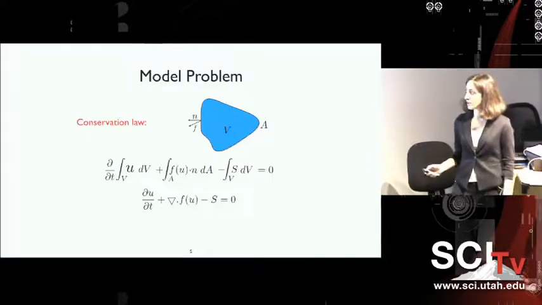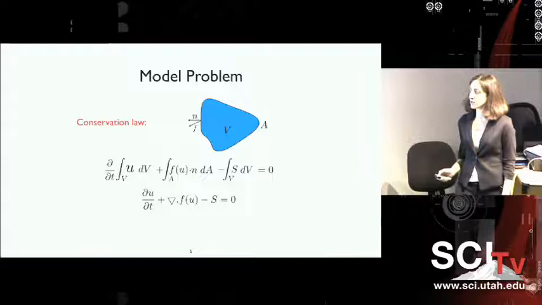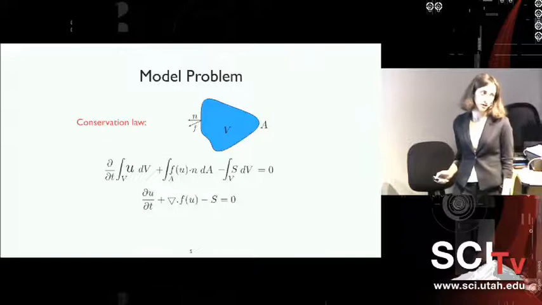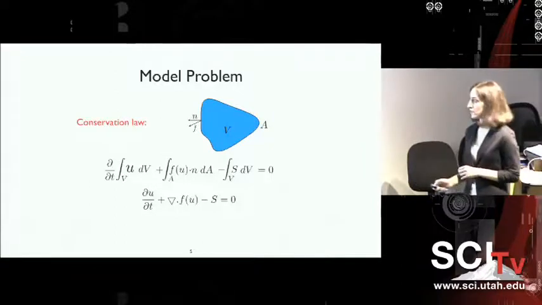This is called the integral form of the conservation law. If we want it to be valid for any volume V, we get the derivative form of the conservation law, and here we take advantage of integration by parts or Green's theorem to get the divergence set.